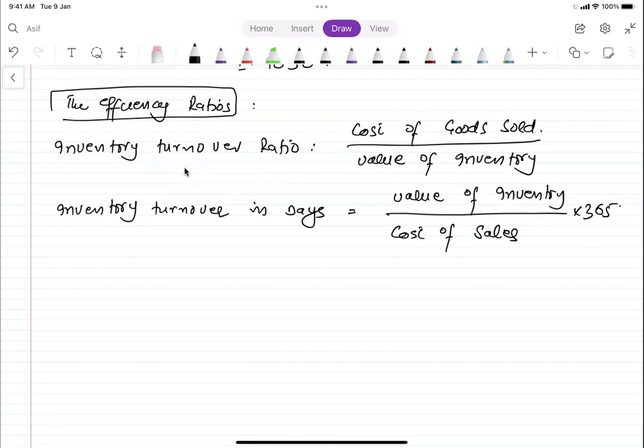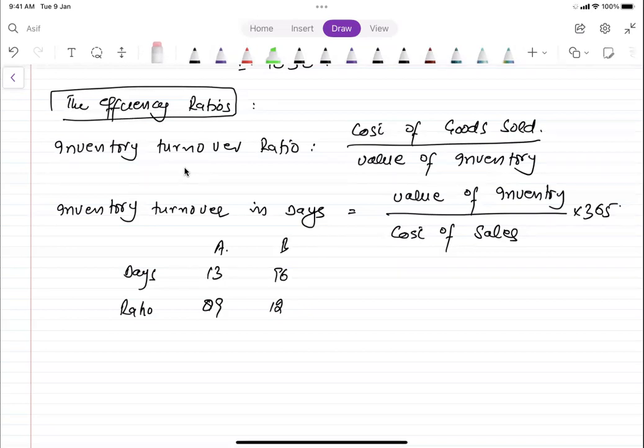For example, for the two types of ratios we have calculated, business A has an inventory turnover in days of 13 days, and a ratio of 89%. For example, business B has a days ratio of 96 days, and the ratio is only 12.